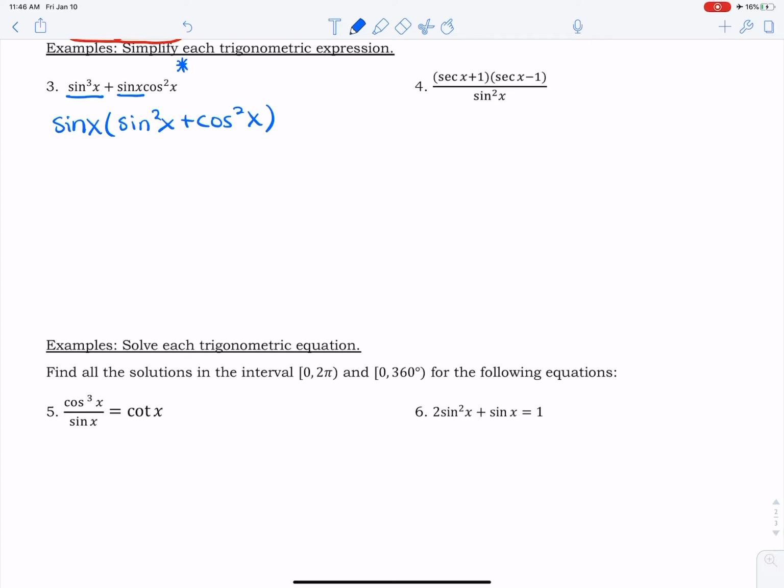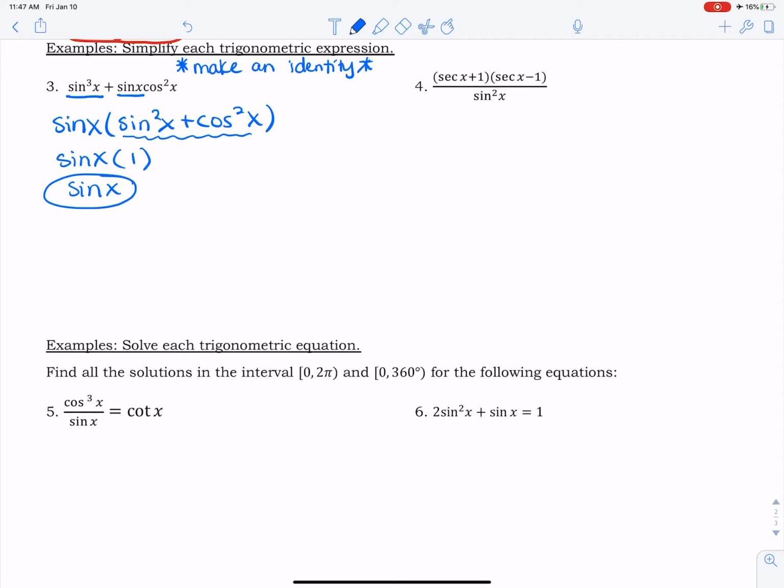You always want to see or solve or make an identity. That is always what you want to try to do. And so now that we've done that, sine x, oh, well, guess what? That is an identity. That is the same as 1. And so sine x times 1 is just sine x. And that is your final answer.